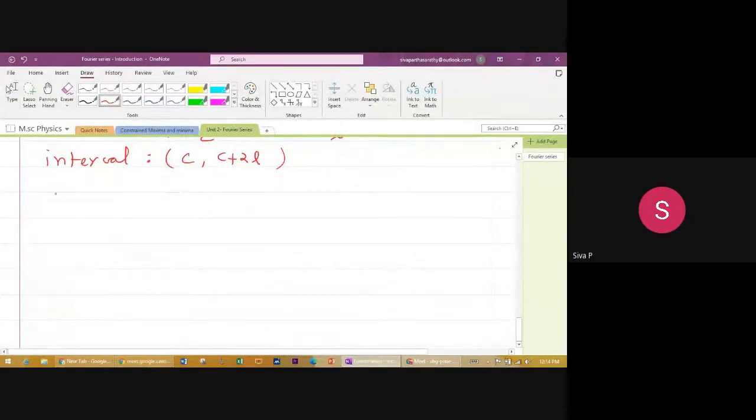The interval is C to C plus 2L. Then you have to respond to my questions. What is the period? How do we find the period? Period is the ending point minus the starting point. So what is the ending point here? C plus 2L is the ending point. Starting point? C. What is the period here? 2L.